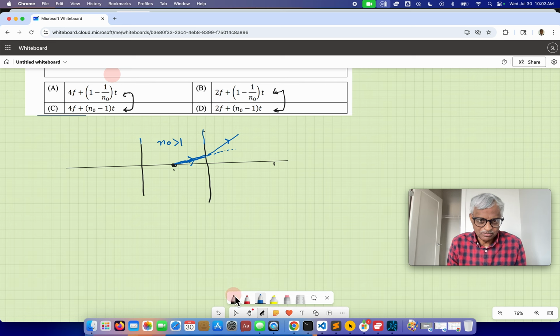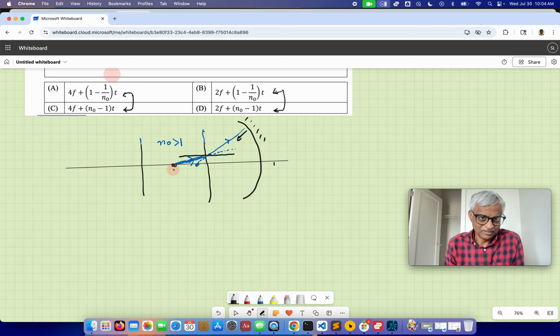The normal here is going to be parallel to this. Going to be hard to draw. Normal is, and so here it will form, and let's see, it comes and we would like it to return the same path, then there will be a real image formed here.